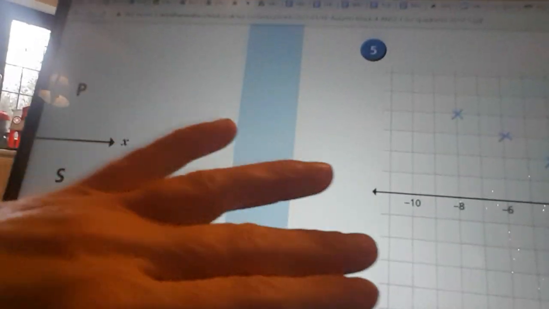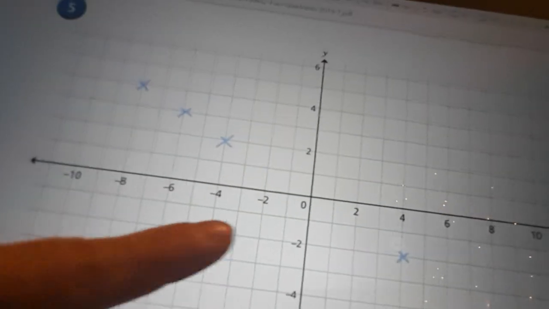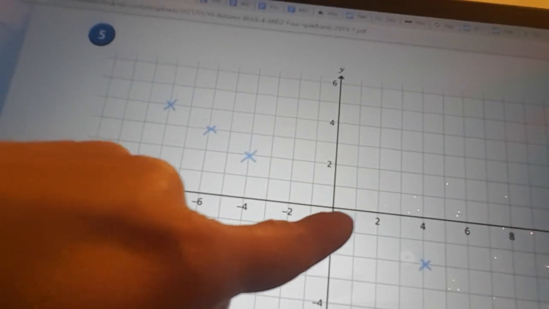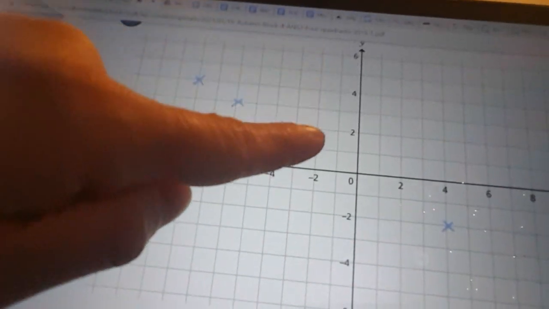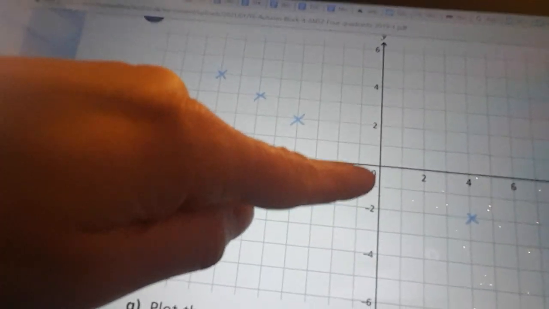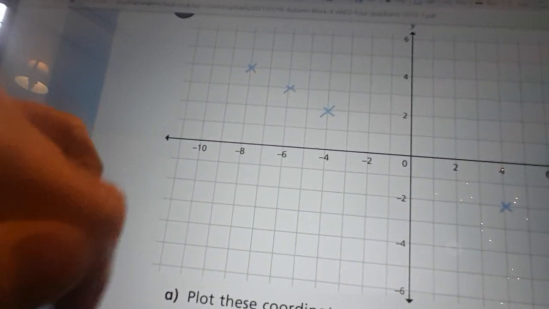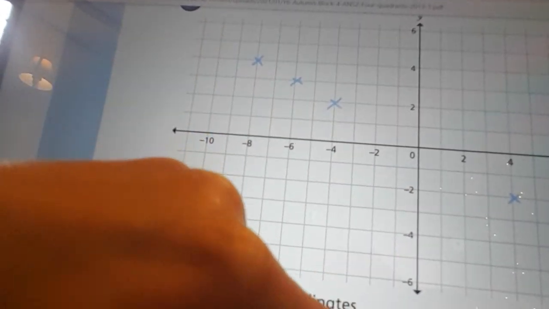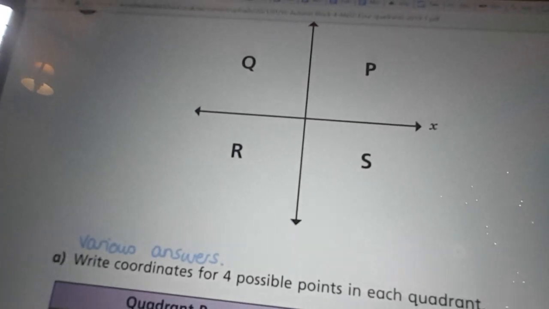If you have a look at question 5, you can see clearly the numbers that you get on these different sections. You've got 0 in the middle, positive along this X here, positive always going up with the Y. The negative numbers are going down and across this section. So -2, -4, -6. So imagine those numbers are on this one.